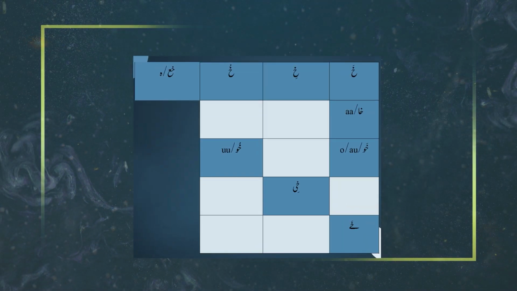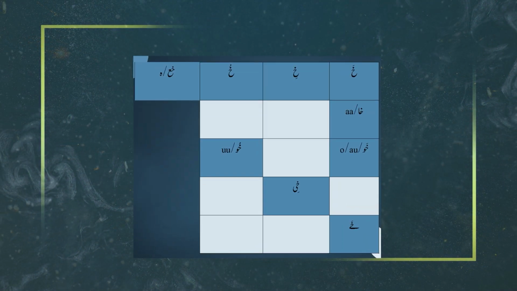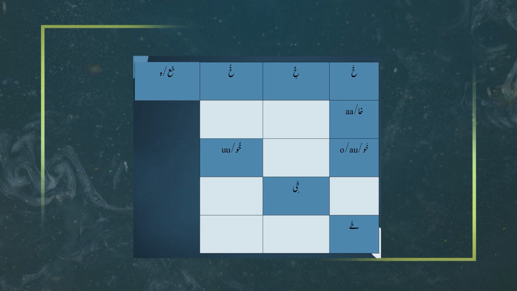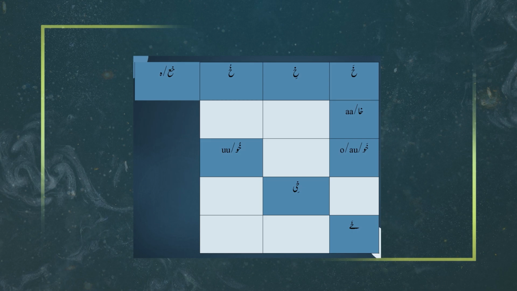Apply them with Ha. They will sound like Ha, Hi, Hu, Ha, Ha, Hao, Hu, Hi, He. Read with me. Apply these diacritic marks with the alphabet Kha.